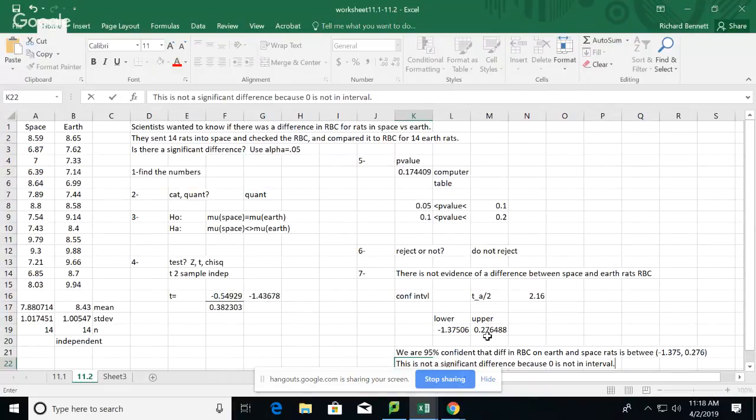Is 0 in that interval? Yes, it's between the negative number and the positive number. If they were both negative or both positive, there would be a significant difference. But since one's positive and one's negative, there's not a significant difference.